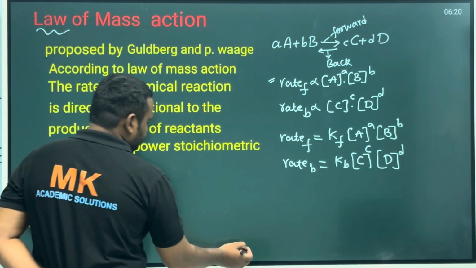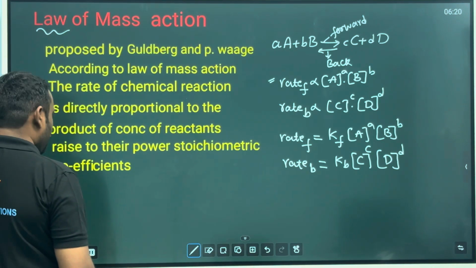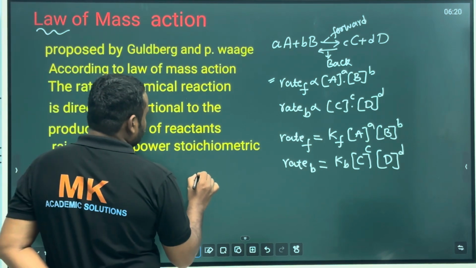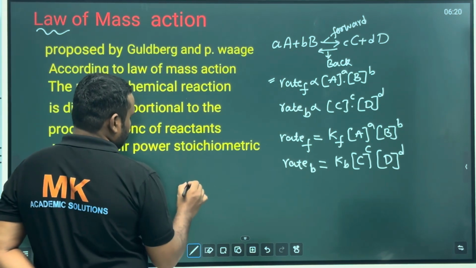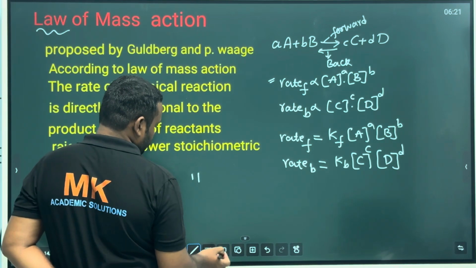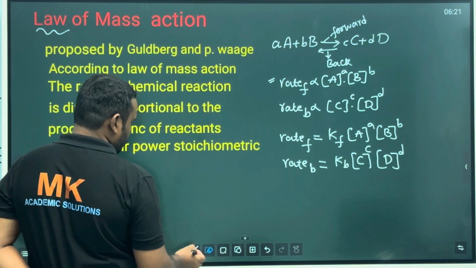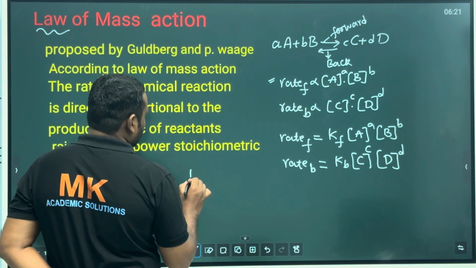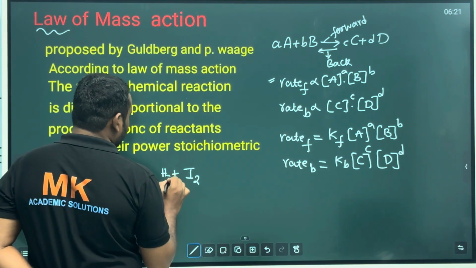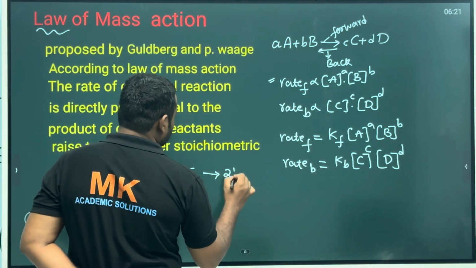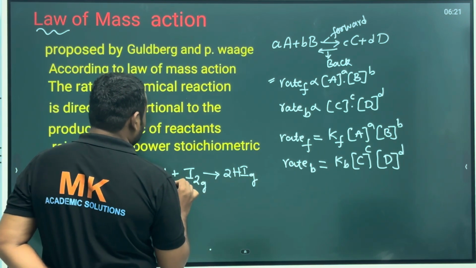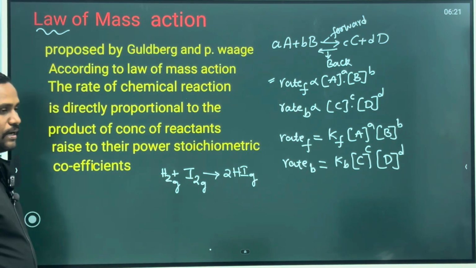Now let us write the law of mass action for some examples. Let us take H2 plus I2 gives rise to 2HI, all gases. For this, how do we write the law of mass action?